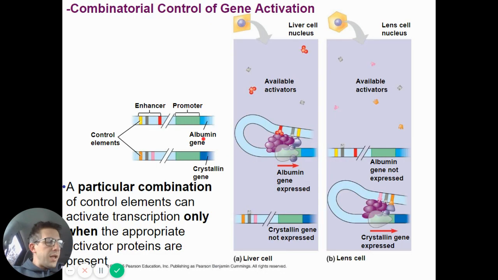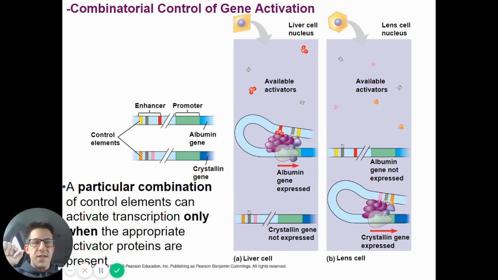All right. Now, depending on which genes you're working with in which cells, remember that all of the cells that we have in our entire body all have the exact same DNA. They all have the exact same enhancers. They all have the exact same promoters. They all have the exact same terminator regions, genes, distal, proximal control elements.